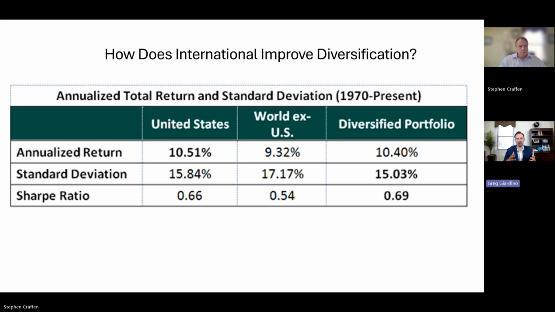So if we look at the historical annualized total return versus the standard deviation, you could see that in the US, it was a 10.5% annualized rate of return. Looking at international was about 9.32. So the diversified portfolio would have done about 10.4% average per year. So once again, I actually misspoke, not international small, just international as an asset class as a whole.